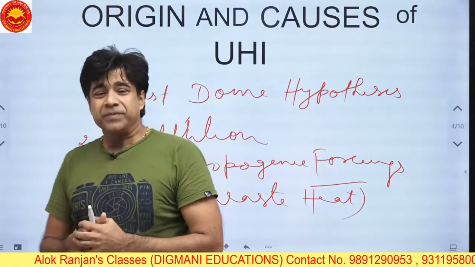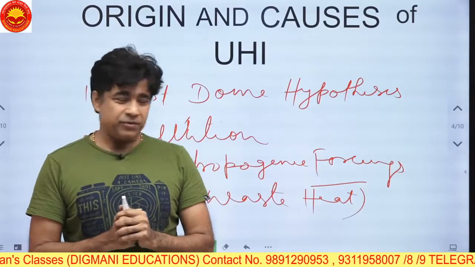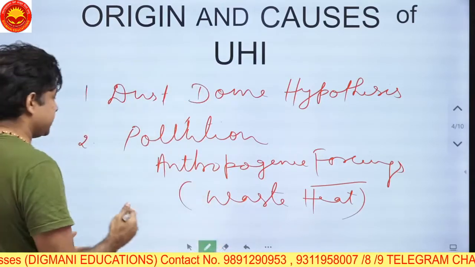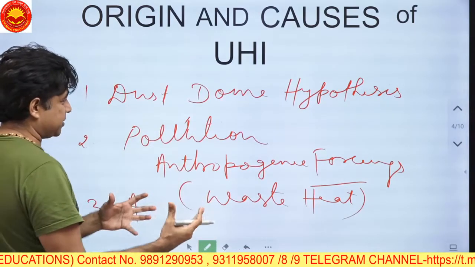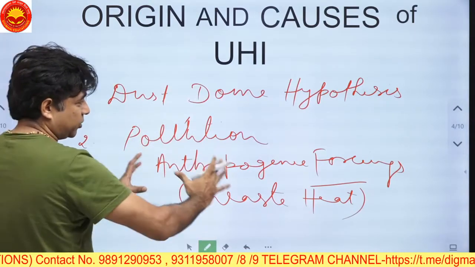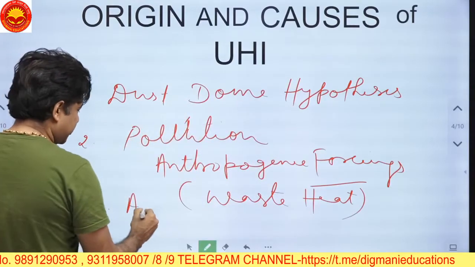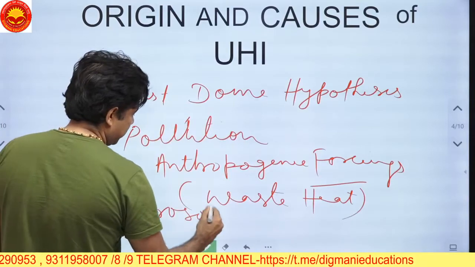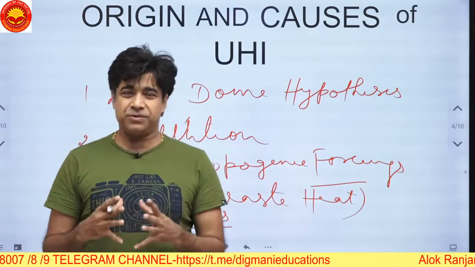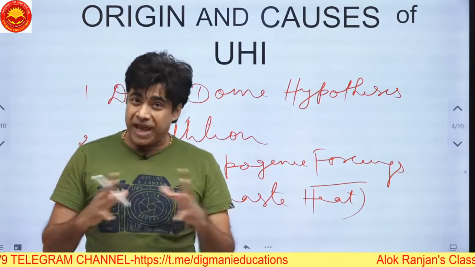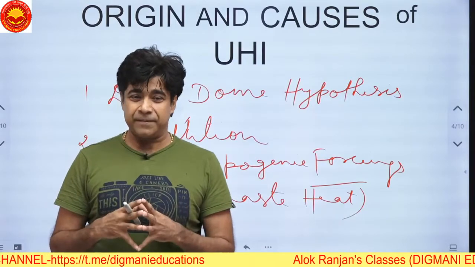Coming to one very important discussion, about the aerosols. We can call it separately the aerosol theory. However, it cannot be taught in isolation from the pollution theory, the anthropogenic forcings, or the dust dome hypothesis. Yet the role of aerosols in the formation of urban heat island must be understood in totality, because aerosols are responsible for the formation of the heat island.